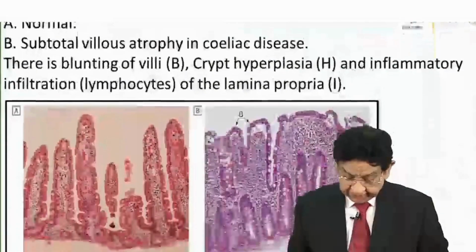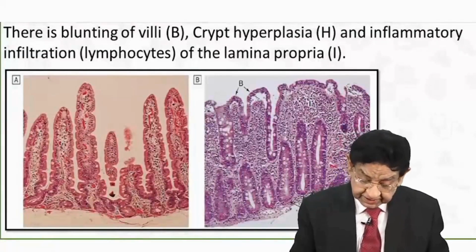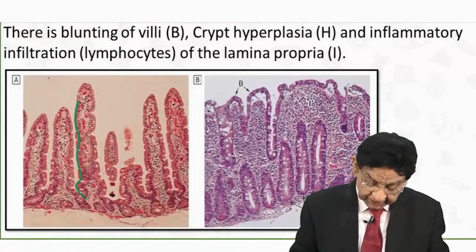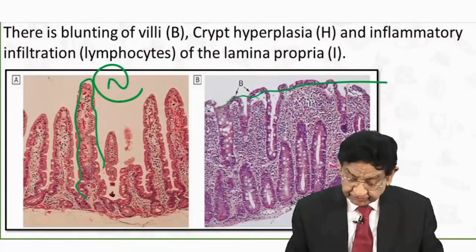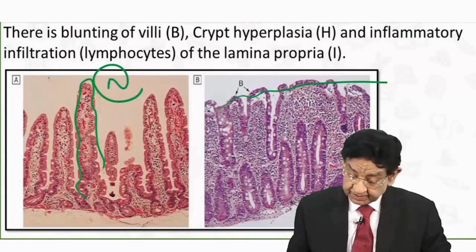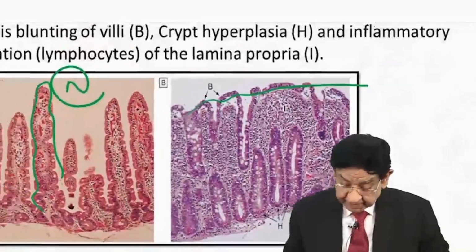The two keywords to remember in this particular slide, first and second. Okay, so now I can show you a lovely picture also. You can see this lovely picture. This is normal jejunum. And here the villi are lost, flat, right? And there is crypt hyperplasia.